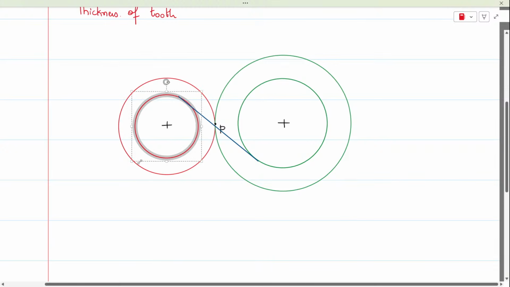Let me modify the size of the circle, maybe that could help.